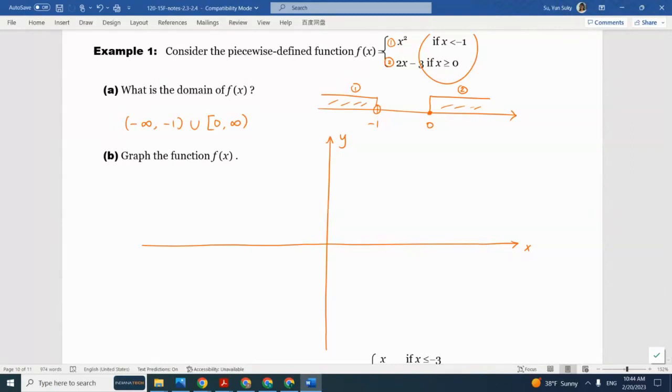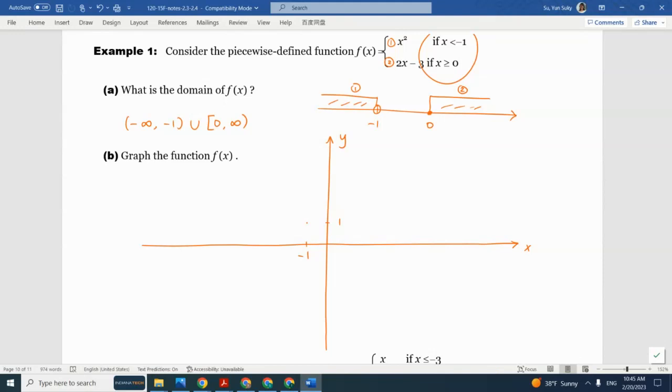Yeah, like a U shape, right? So without the pieces, we know it looks like a U shape. But now we have the pieces. Let's look at the endpoint, -1. So when x is -1, what's (-1) squared? 1. So we know the point is here.